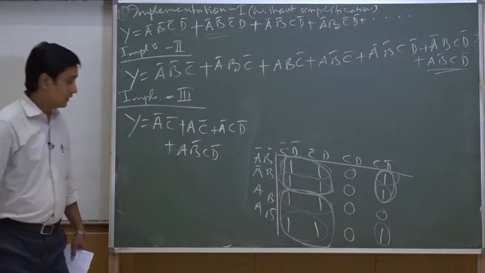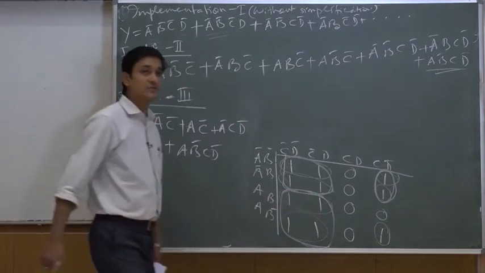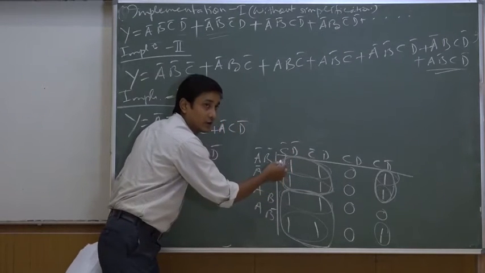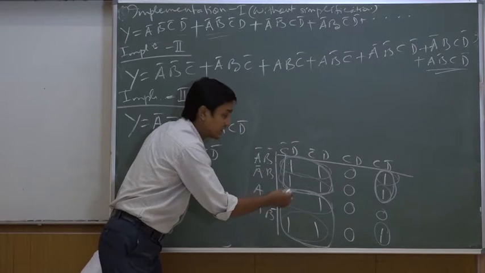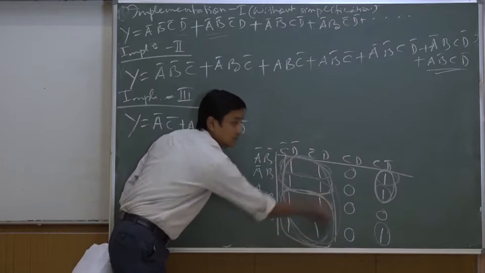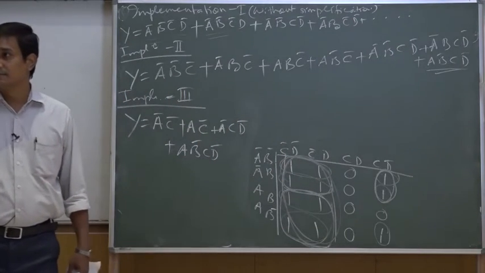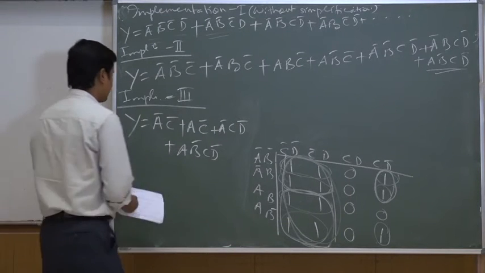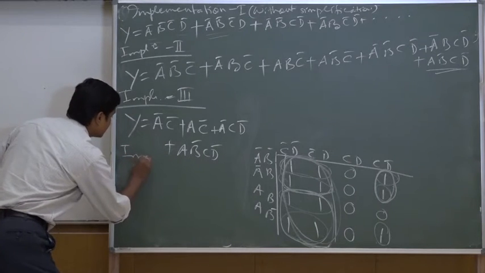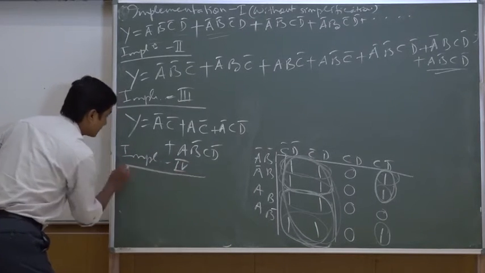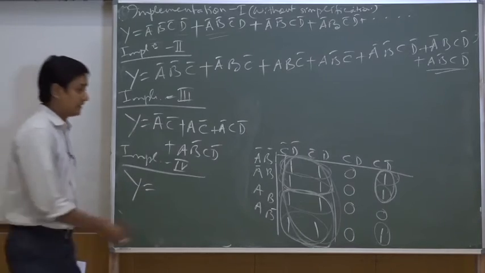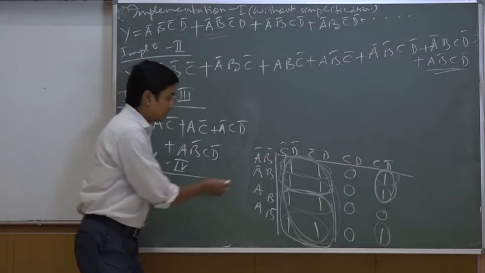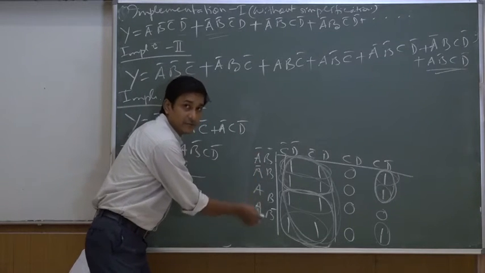Now, if you have scope to go further, like these are a group of 4 and this is a group of 4, why not make a group like this, where 8 will be present? Let us make that group of 8. Implementation 4 of the same Y. If this is the group, then tell me what is the combination of A and B?